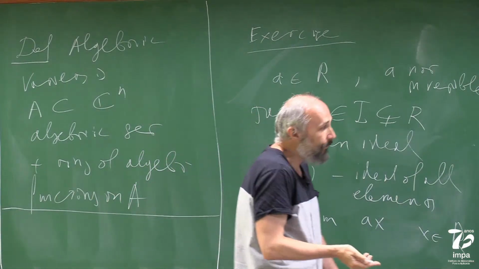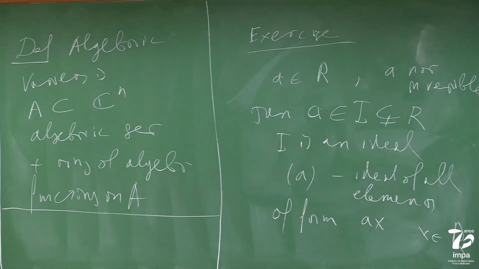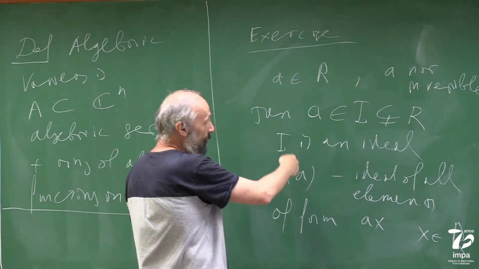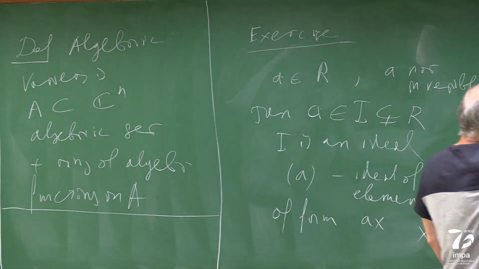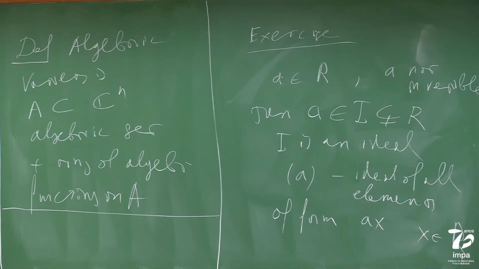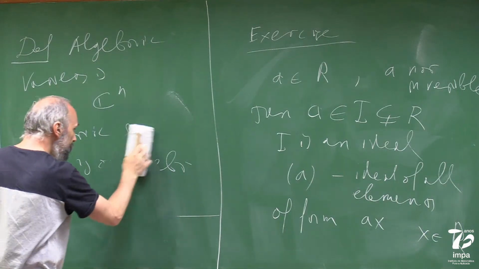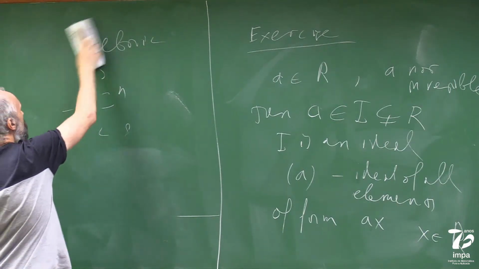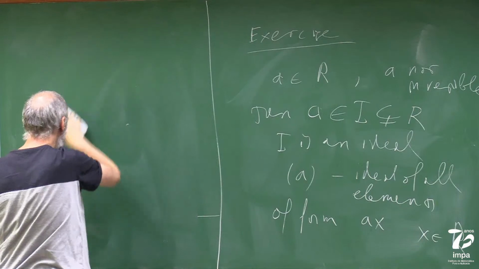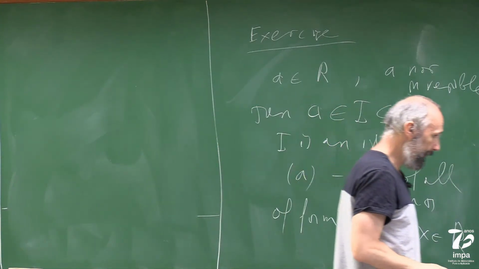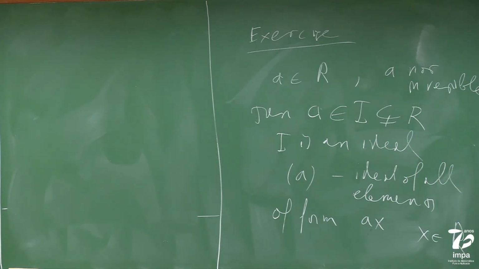So this is an ideal. It doesn't have unity, so it's not equal to R, but it is clearly an ideal because if you take something which is divisible by A, these properties will be preserved. So this is the first observation, that you have lots of ideals in a ring if it's not a field. If it is a field, you have only 0 as an ideal, as we just discussed.